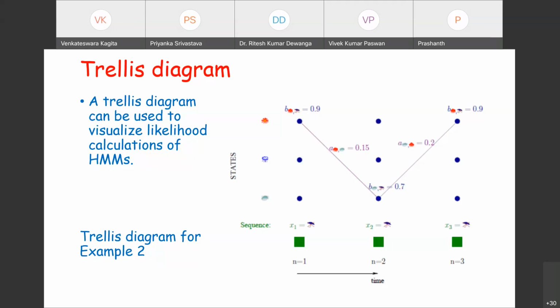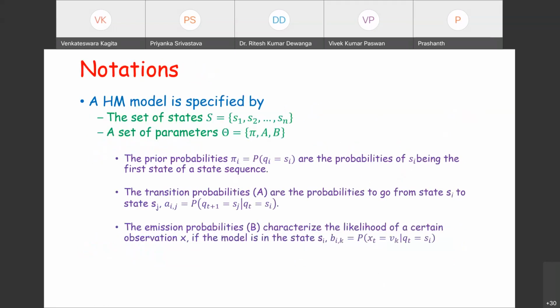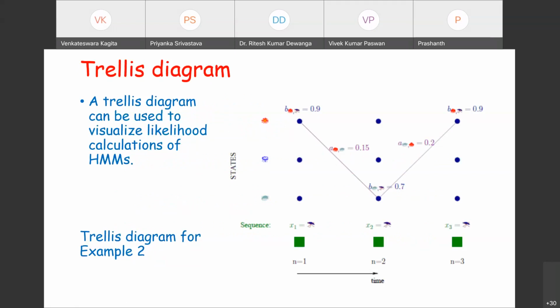So if you see, we have got variables here, A, B. Okay, so this is A, we call it the transition probabilities. Transition from one state to another state. Okay, so this is the probability of transition from sunny to cloudy.